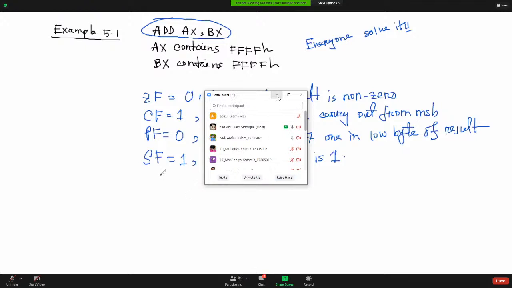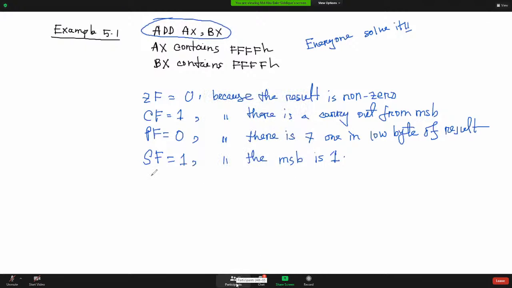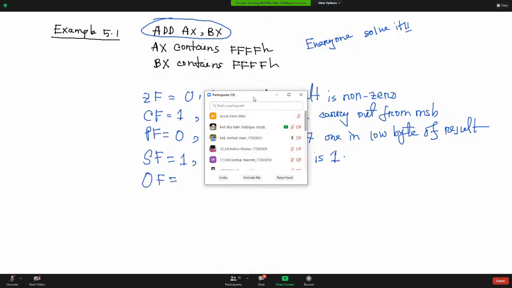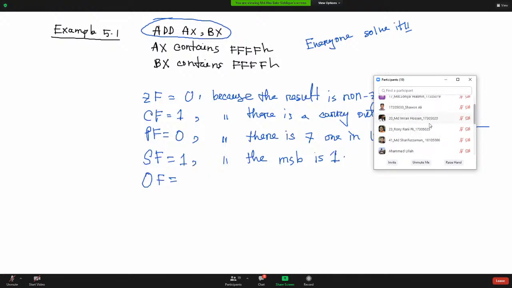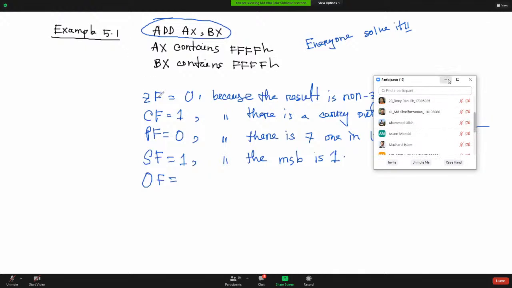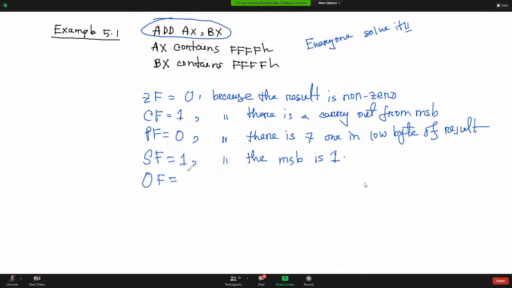Okay, tell me. Sir, overflow flag. Okay, so overflow equals?